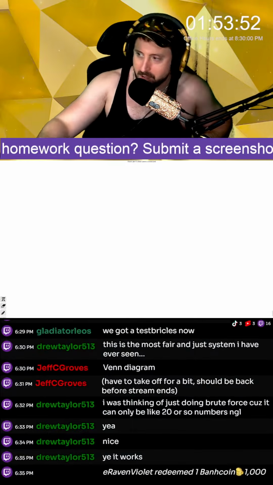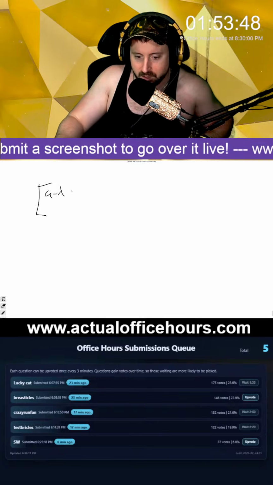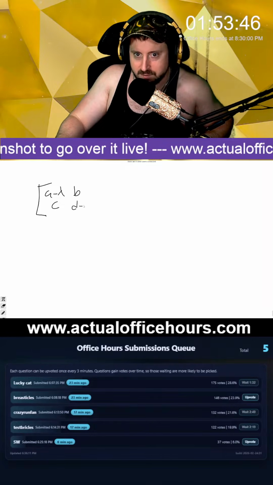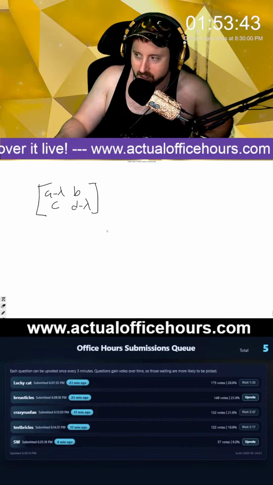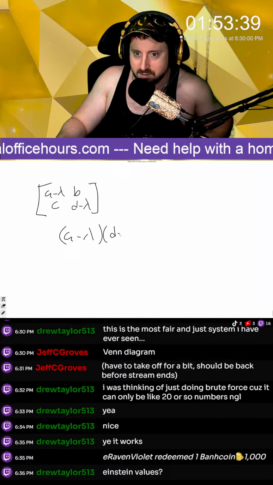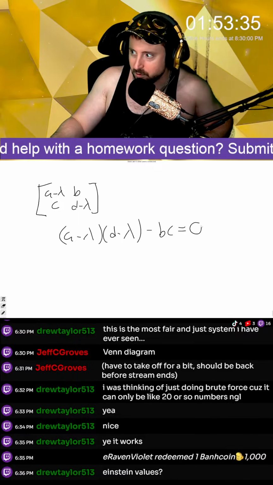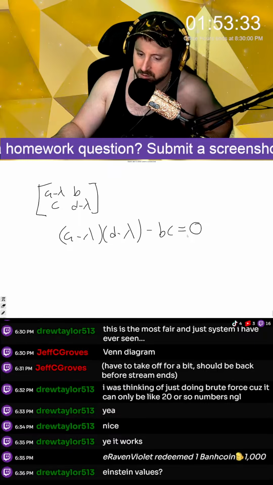If you're trying to figure out the eigenvalues of a 2x2, it's a minus lambda, b, c, and then d minus lambda. And then you do a minus lambda times d minus lambda, minus bc, has to equal 0. This is how you find the eigenvalues, yeah?